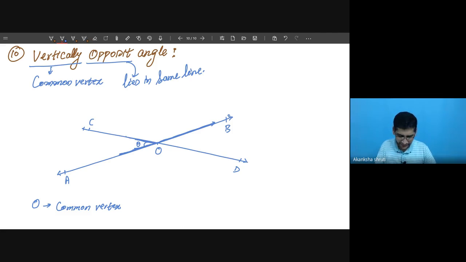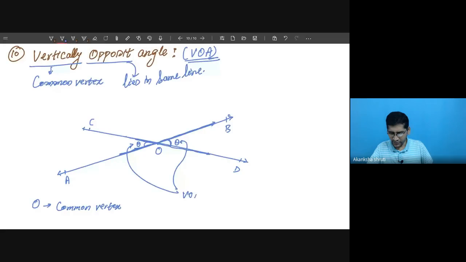And if I extend OC on the other side, we go in the direction of OD. Now this OB and OD are just opposite to our OA and OC. So with these rays, the angle formed is just opposite to this, and this will also be theta. Are you getting it? So this way, these two are vertically opposite to each other. So right here, in short we will write VOA.